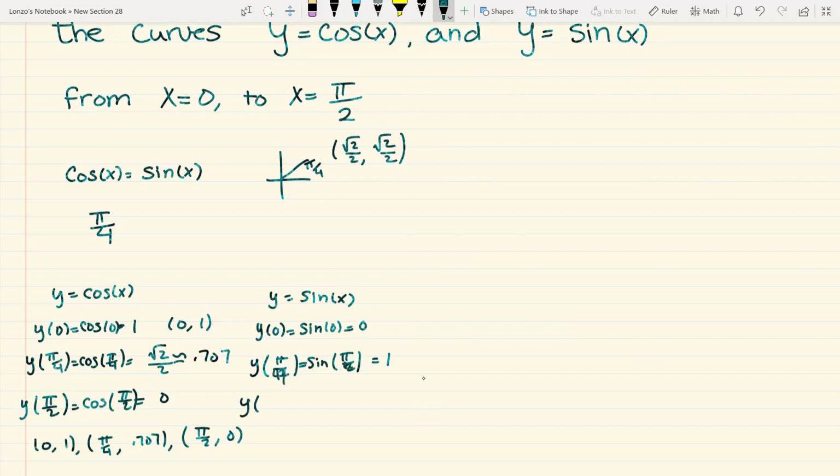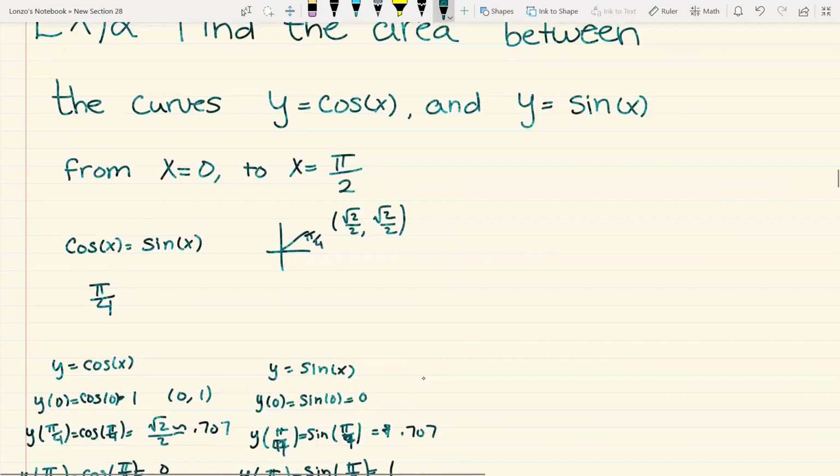Sine of pi over 4 is still radical 2 over 2, or 0.707. So you have coordinates 0, 0, pi fourths, comma 0.707, and then pi halves, comma 1. Okay, I think now we can start graphing.